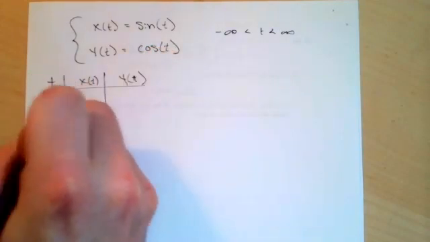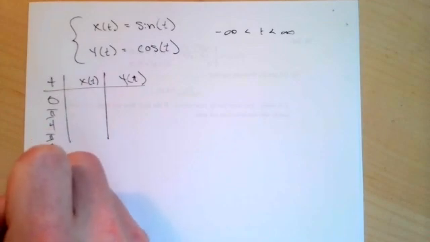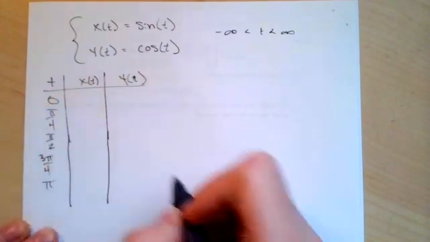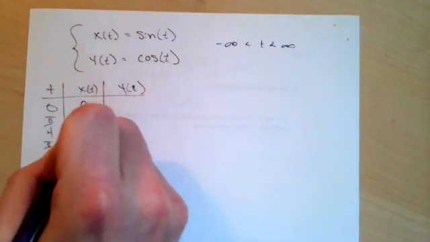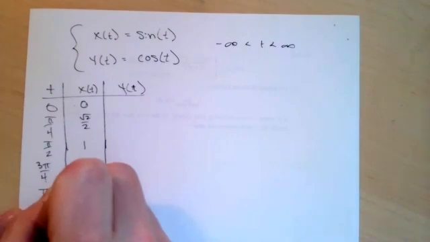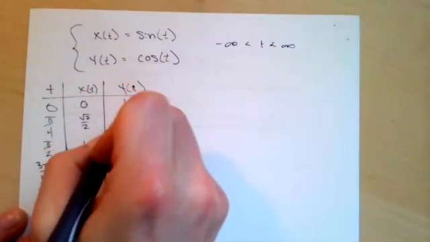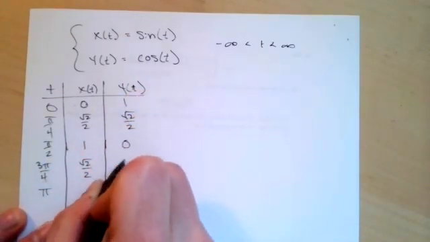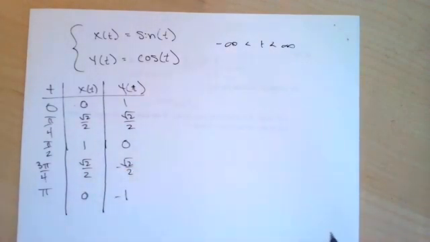We go 0, pi over 4, pi over 2, 3 pi over 4, pi. And then that'll give us a good enough sense of what's going on. So now our x coordinate is going to be 0, root 2 over 2, 1, root 2 over 2, 0. Y is going to go 1, root 2 over 2, 0, negative root 2 over 2, and negative 1.